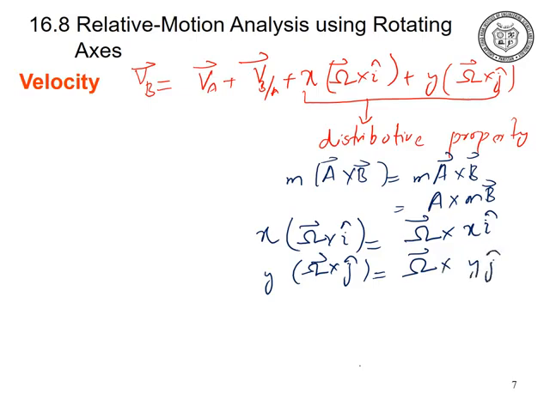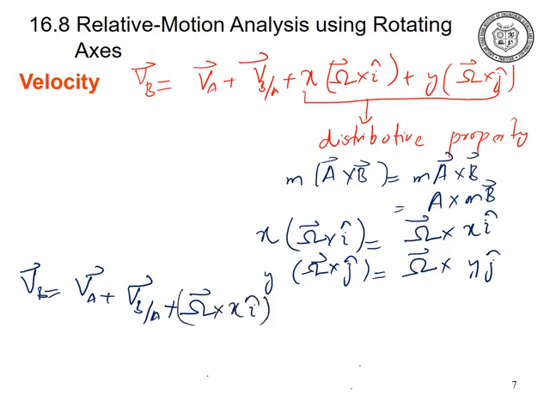So when we write the above equation in this fashion, vb equal to va plus vb with respect to a plus omega cross xi plus omega cross yj.